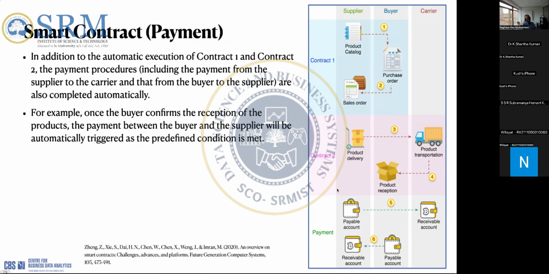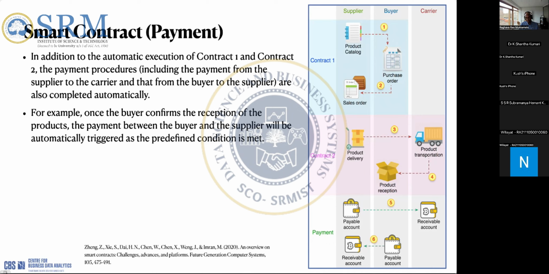Once the process has been completed, let's assume the product has been collected from the godown and then delivered successfully to the buyer, then the payment process will come into play. So this is the third smart contract, which says that if the product is received satisfactorily by the buyer, then the money will be transferred to the supplier.